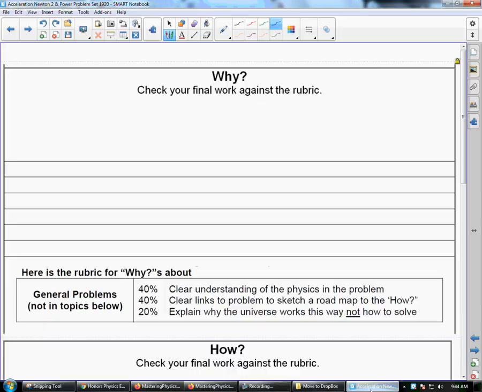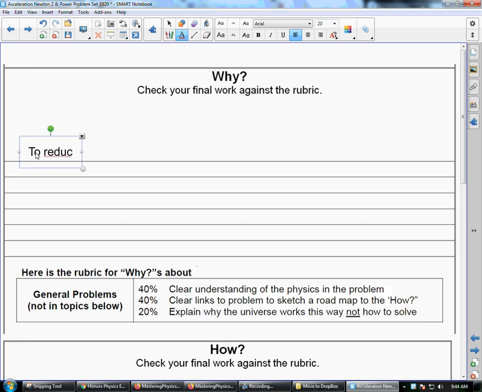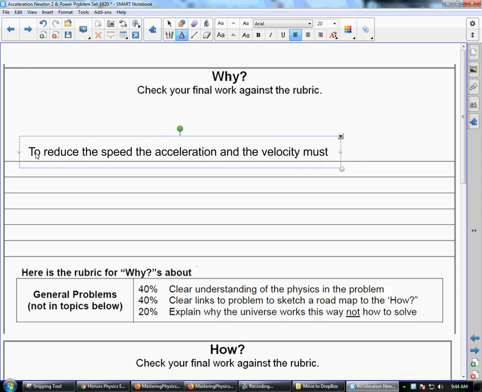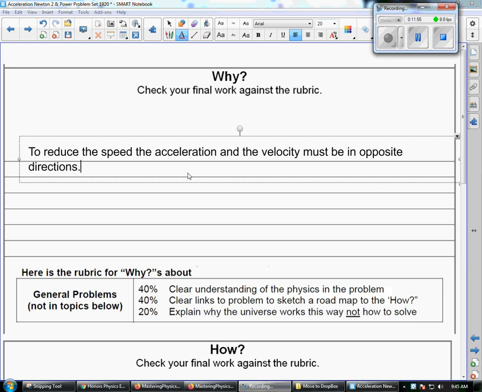So I'm going to put in some text here. Let's see. Text tool. To reduce the speed, the acceleration and the velocity must be in opposite directions.